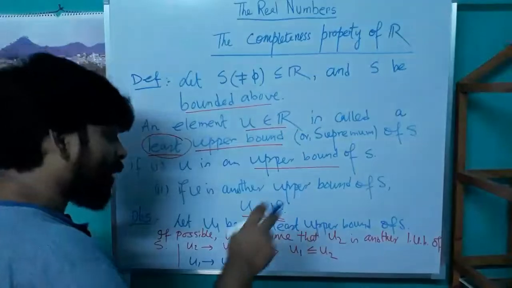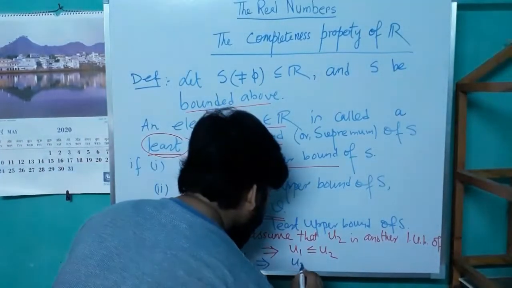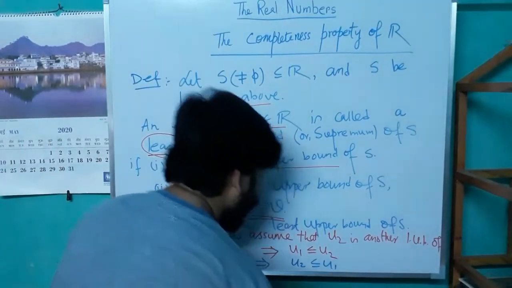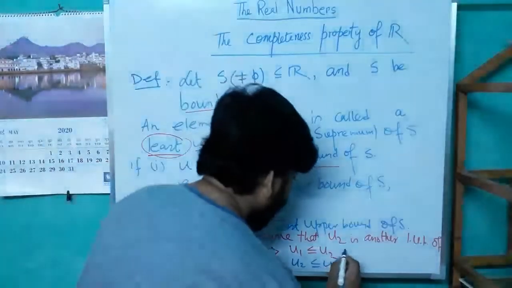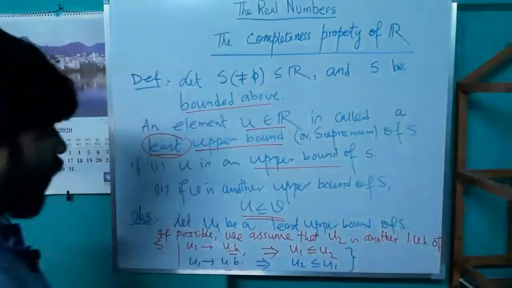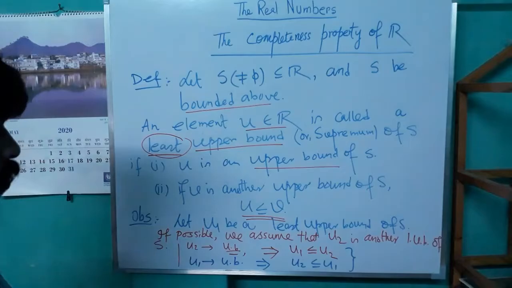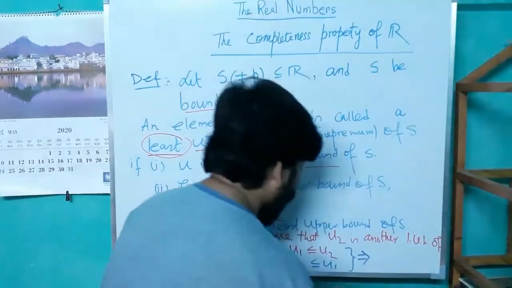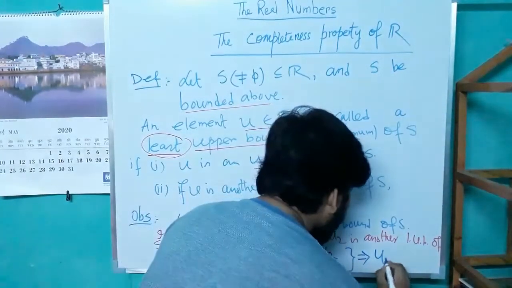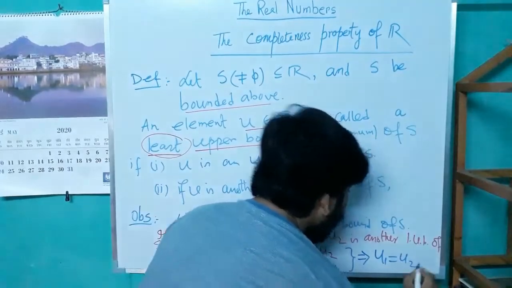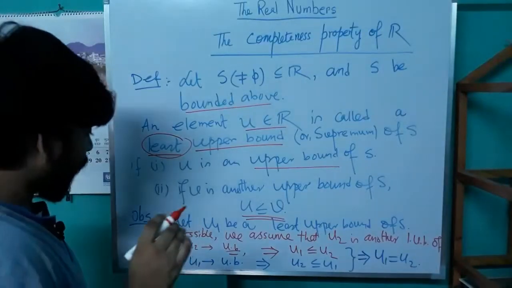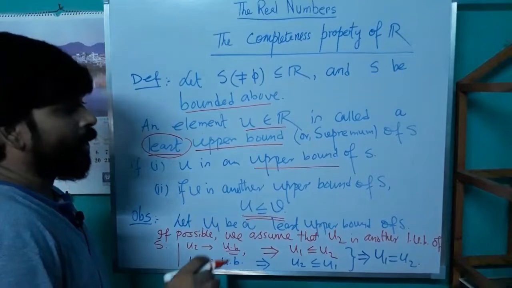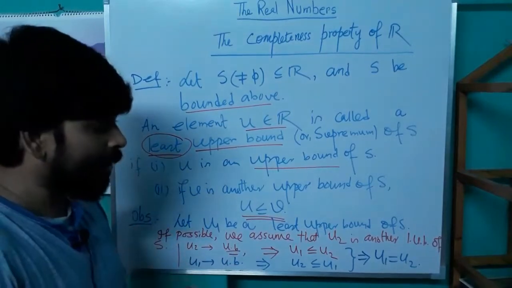Since u2 is the least upper bound, u2 must be less than or equal to u1. Now we apply the law of trichotomy. By the law of trichotomy, u1 must be equal to u2. So if a set has a least upper bound, then the least upper bound is unique.